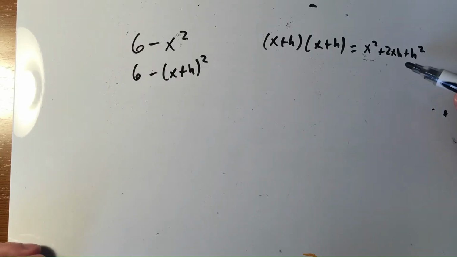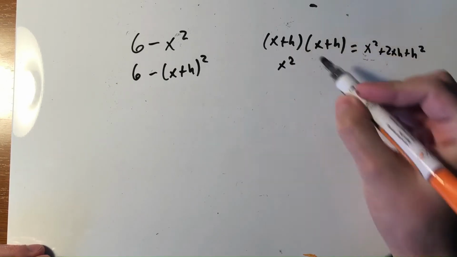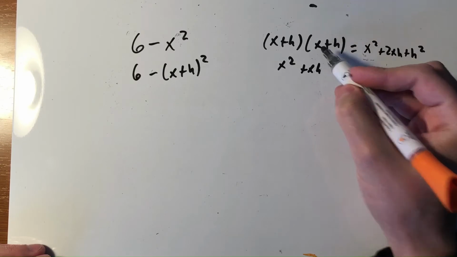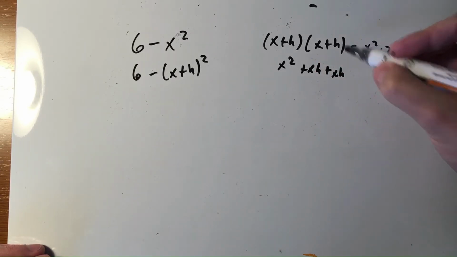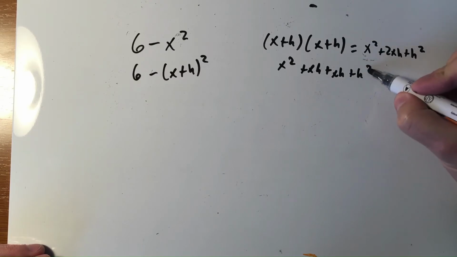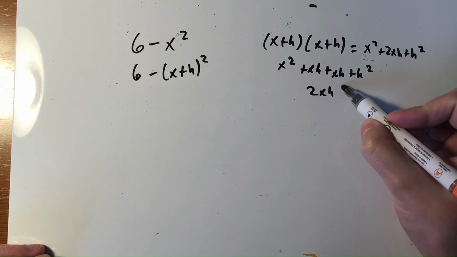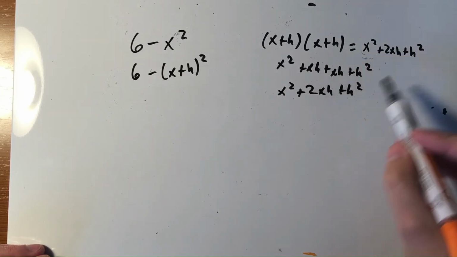But if you don't see how I got that, we'll work it out real quick. X times x is x squared, x times h is xh, h times x is xh, and h times h is h squared. And if you add these two xh's together, you're going to get 2xh. So that's how we got that.